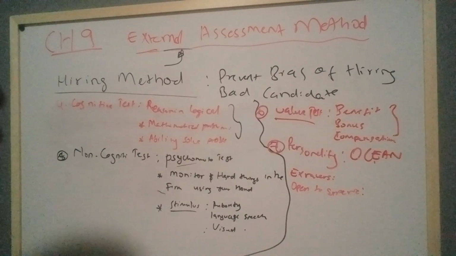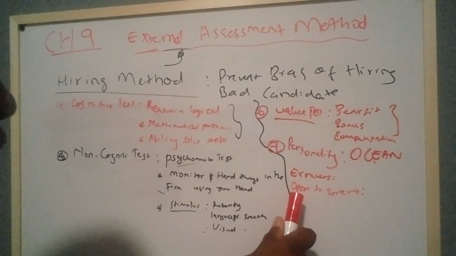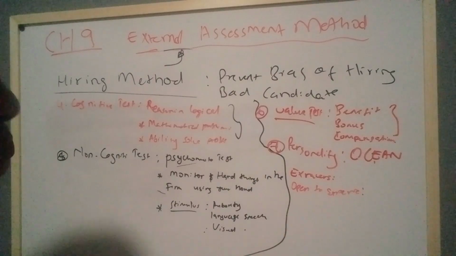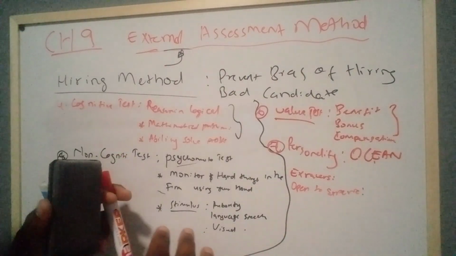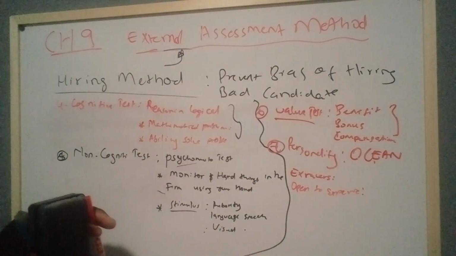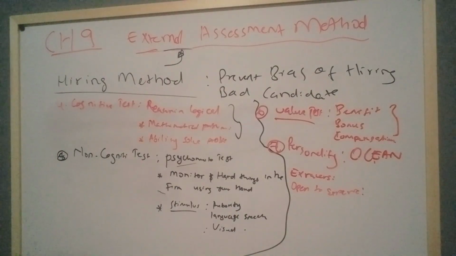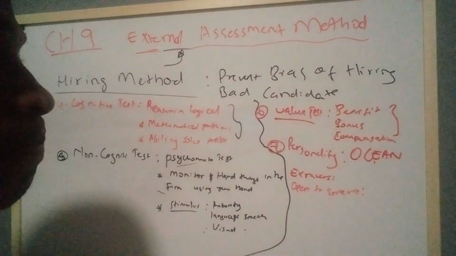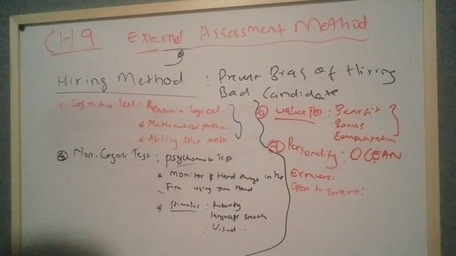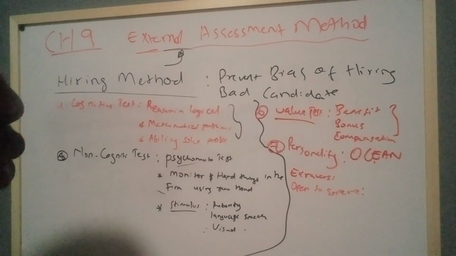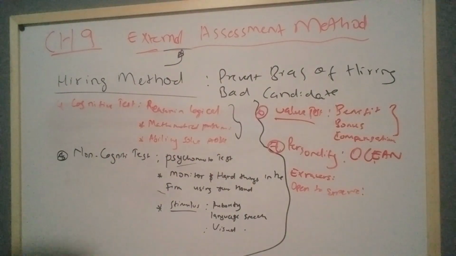Maybe they give you a hard task on top of the other ones, and if you are open to experience, you are able to solve all those tasks within a certain period of time, because you like to be creative in doing your things. You like to experience new things in the organization. You like to try to find new skills in order to deal with the task that you are given.